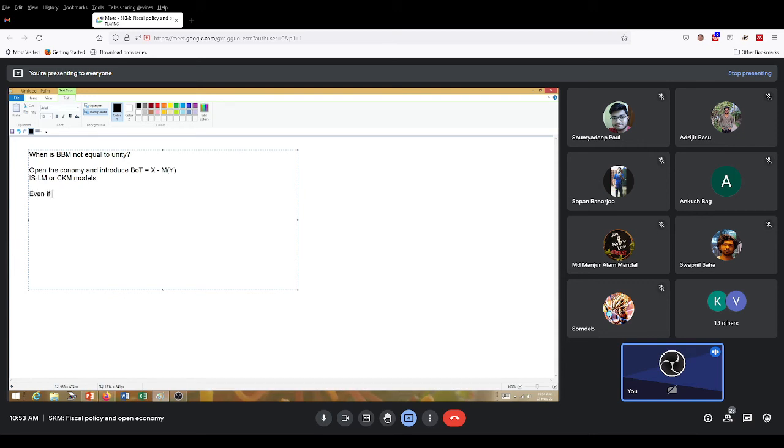Even if you consider the simple Keynesian model in a closed economy, the BBM may not be unity.